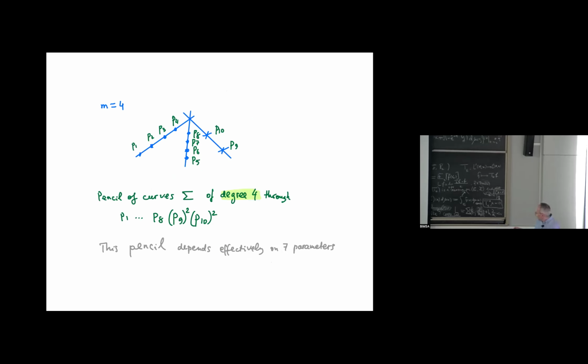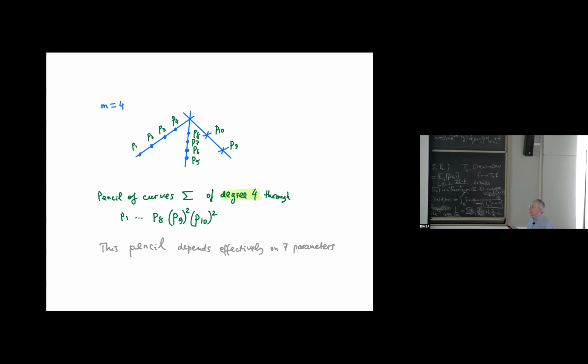When m is 4, the modification looks as follows. So now again a triple of lines. Remember the numbers we had some time before in this case were 4, 4, 2. And so it means that you need to pick 4 points on that line, 4 points on that line, and 2 double points on this line.